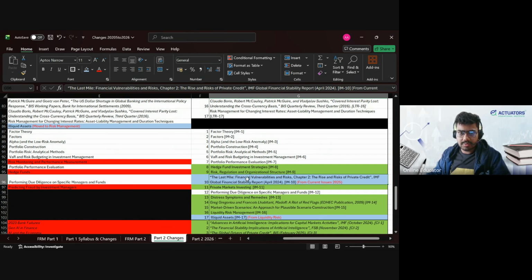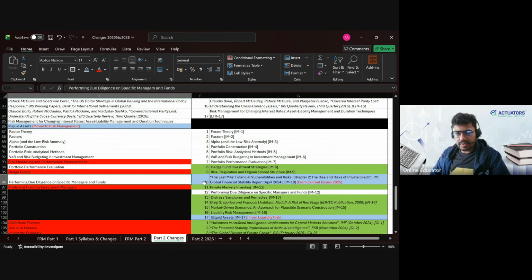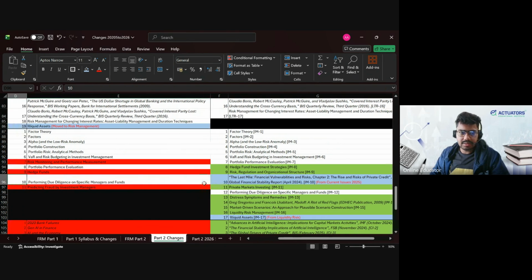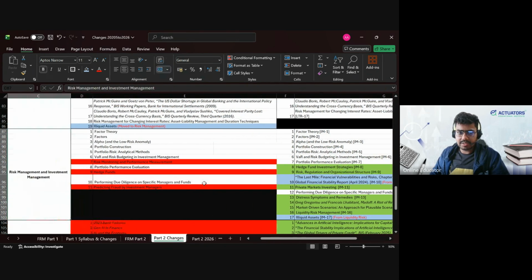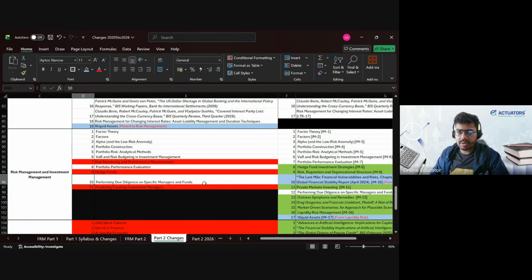Now it is part of your syllabus in risk management, which is the rise and risk of private credit. So this has also been introduced in this book. So from 11 readings to 17 readings, there's a major revamp in risk management, and you can make out how important investment management is becoming as we move forward in time.